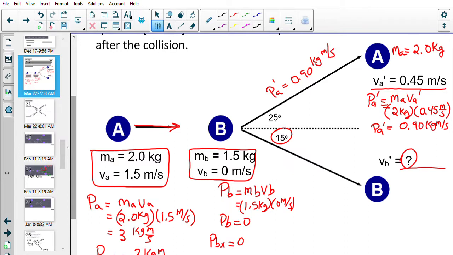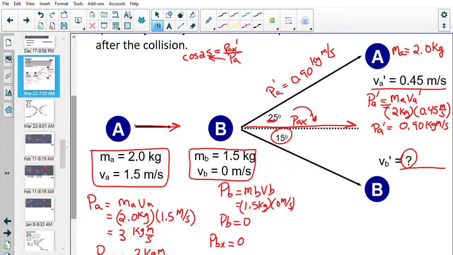I can use this hypotenuse and the angle of 25 degrees to get PAX prime. I can get the x component of that hypotenuse. So the PAX prime is going to be PA prime times cos 25 degrees. If I set up what cos 25 would be, just to show you where it's coming from, cos 25 is adjacent, so PAX prime, over hypotenuse, which is PA prime.